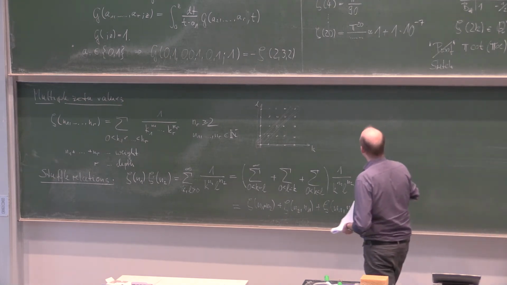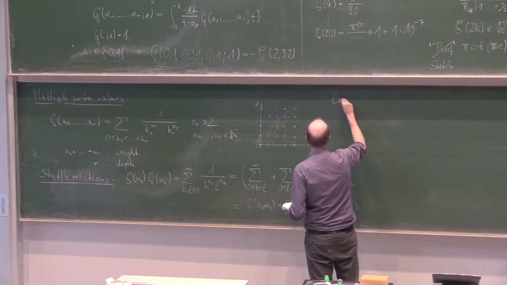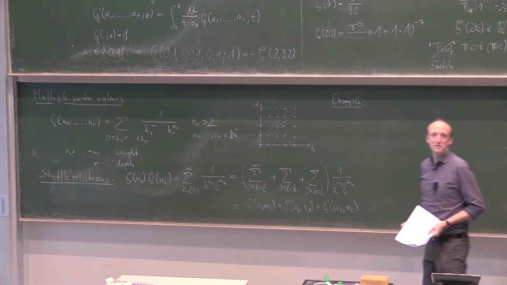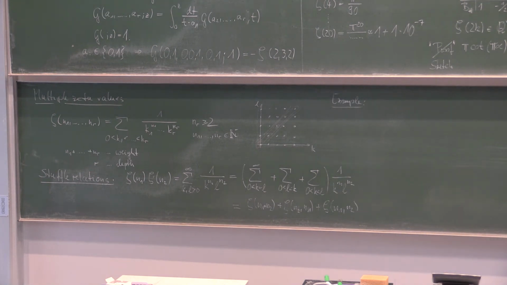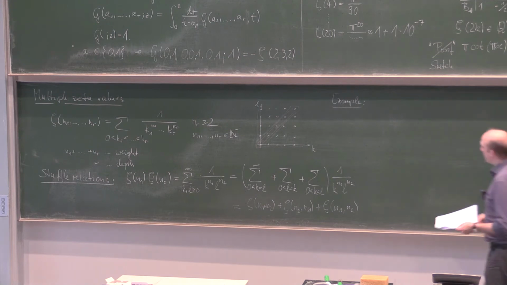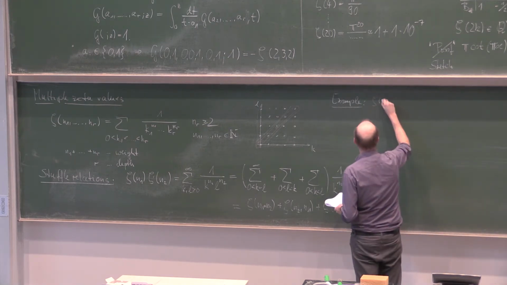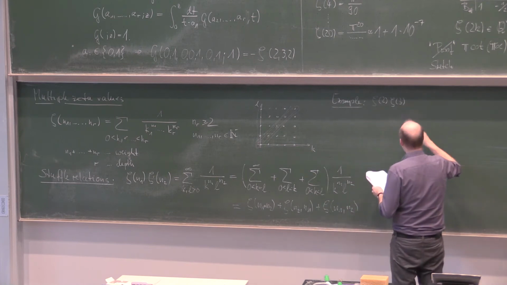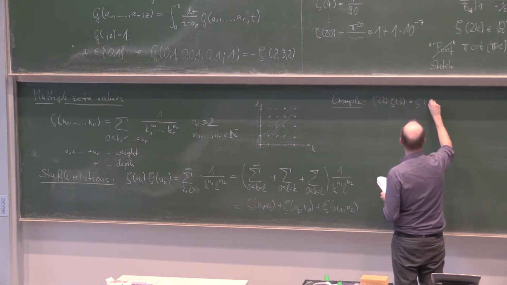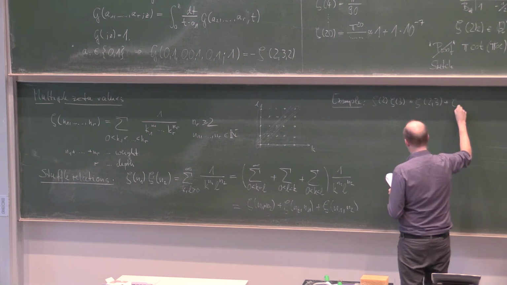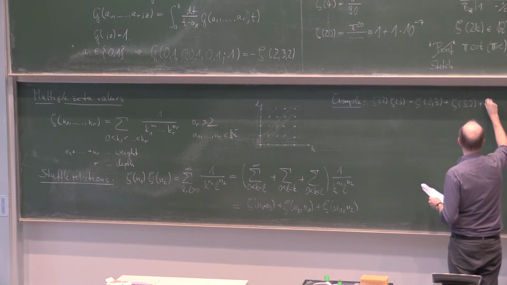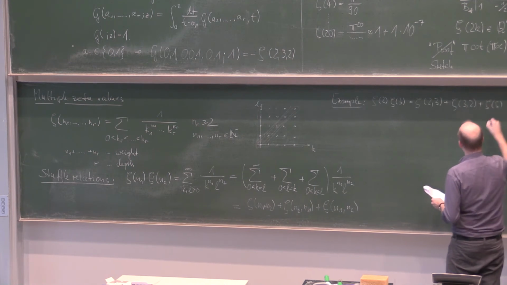Now, let's have an example. And I write down this example because that could be one of the first things you might want to check using Pari or Mathematica later. So easily you can write down zeta of 2 times zeta of 3. And this is zeta of 2, 3 plus zeta of 3, 2 plus zeta of 5.